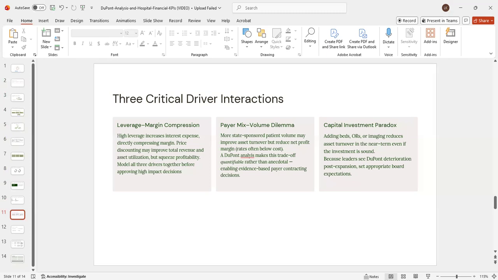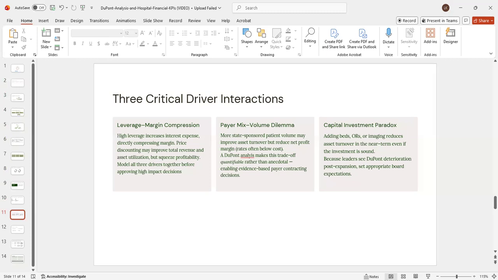Now, that might look very worrying, but again, what the DuPont equation allows you to do is to do sensitivity analysis. So for instance, if you were to say, I'll increase my proportion of state-sponsored patients by 5 percentage points, you can run an analysis to see what that does to your asset turnover and bed occupancy, and whether that improvement is high enough to offset the lower reimbursement rates and the lower margins that result. So you can now quantify this trade-off based on evidence rather than on anecdotes.